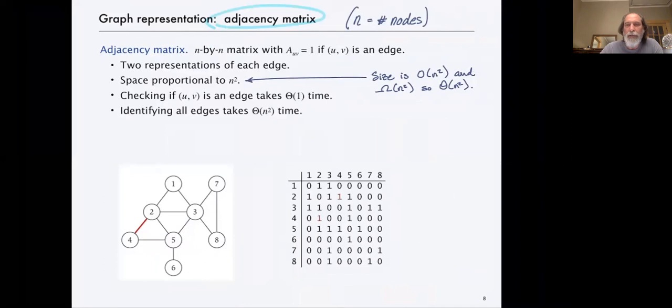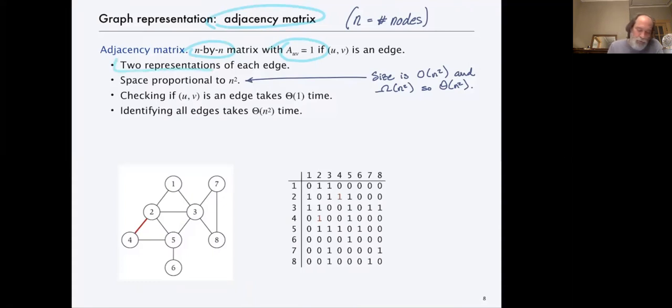One is the adjacency matrix. Okay, so we have an n by n Boolean matrix, or 0-1 matrix, where the cell at location uv has a 1 or true if uv is an edge, and 0 or false if there's no edge uv.